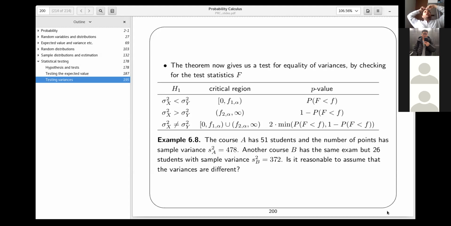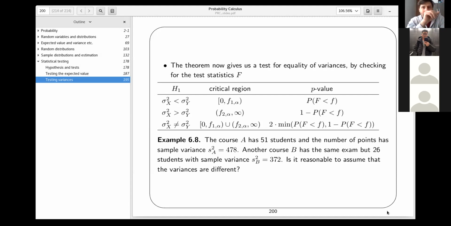So in my line of work, if we see a greater variance, why would we be interested in differences of variances in two populations? Well, one thing is that if a course has a very large variance in the number of points that people get from the exam, then we know that the people coming in probably have different backgrounds.